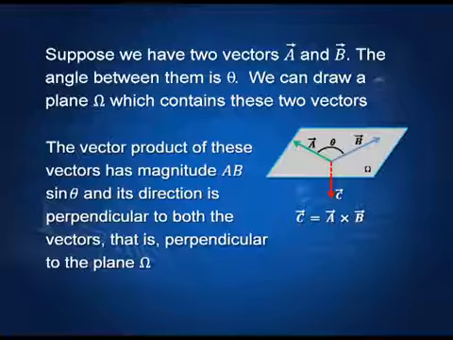When I say it is perpendicular to the plane, is the perpendicular upwards or downwards? This we find with the help of what is known as the right hand screw rule. We imagine a screw which is right handed, that is, if we rotate it like this, it goes down. If we rotate it like this, then it goes up. So, you can imagine that there is a screw placed at the point where the two vectors A and B are joined.